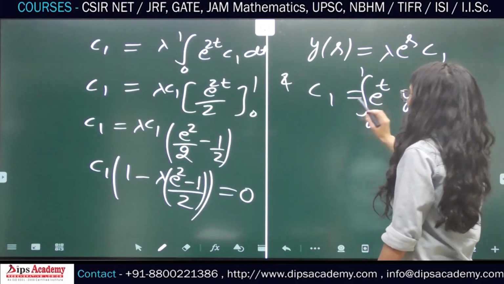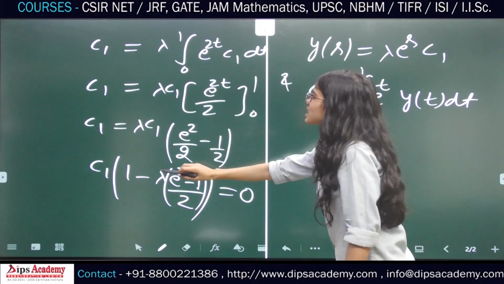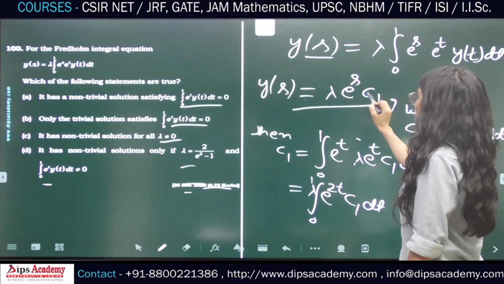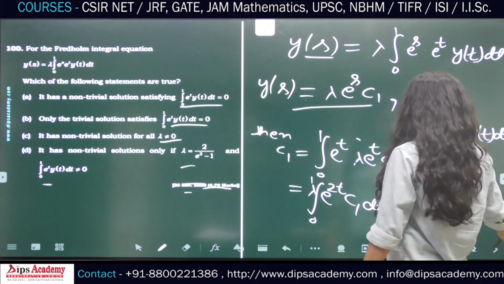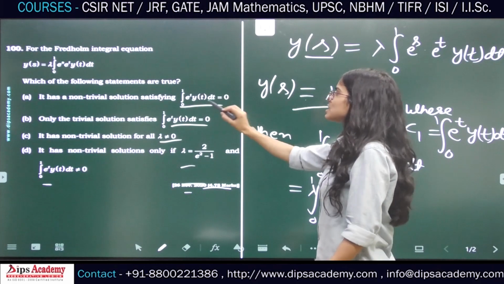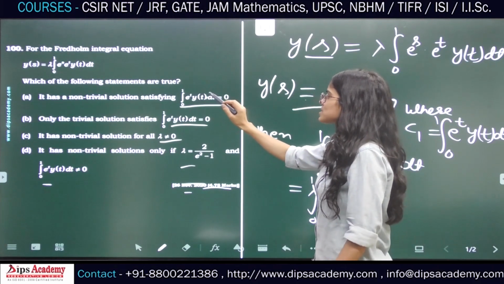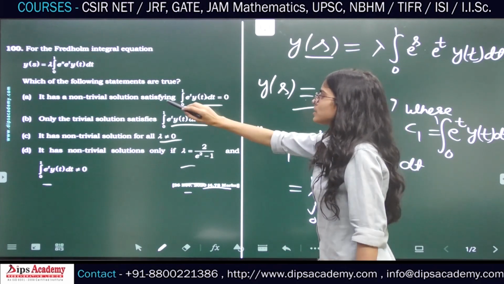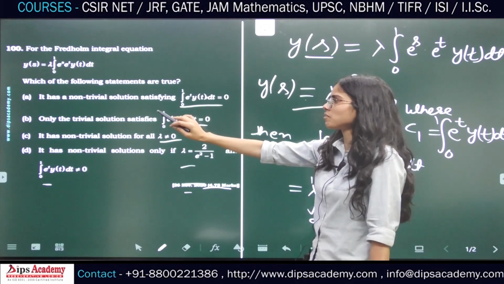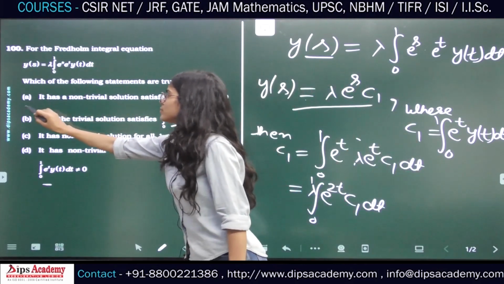But this is nothing but our c1, the integral of e power t y of t dt from 0 to 1. If c1 is 0, our solution y of s is 0. So it can't be true, because whenever this equality is satisfied the solution will be trivial, not non-trivial. So this is wrong.